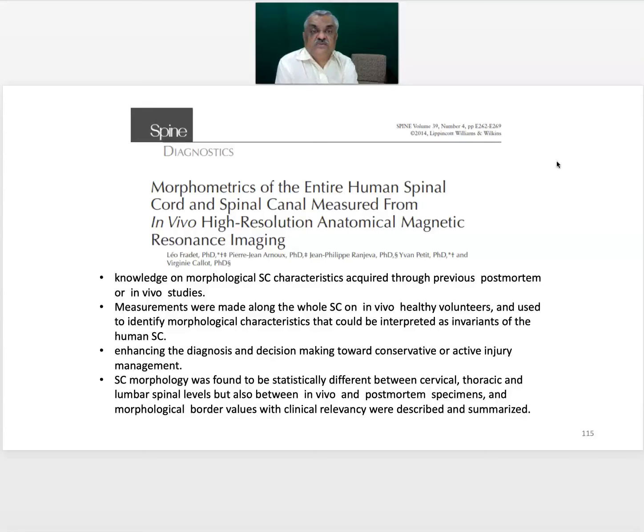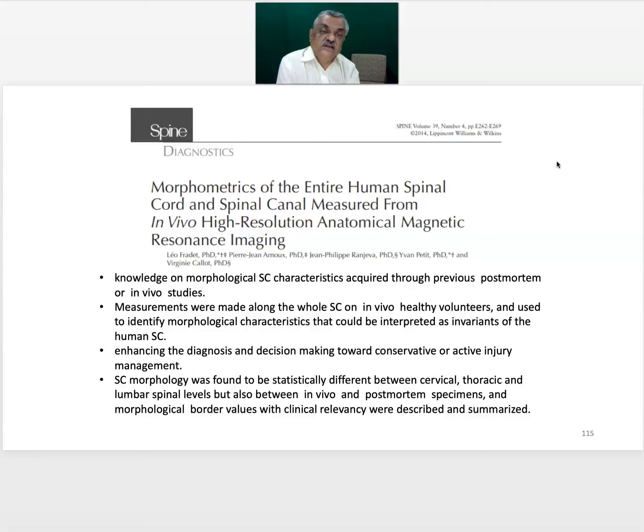In the past, it was mainly cadaver studies. Here, it is an MRI study. Measurements were made along the whole spinal cord in vivo on healthy volunteers and used to identify morphological characteristics that could be interpreted as the variants of human spinal cord. This helps us in enhancing the diagnosis and decision making towards conservative or active injury management.